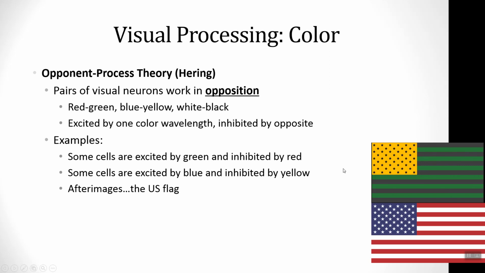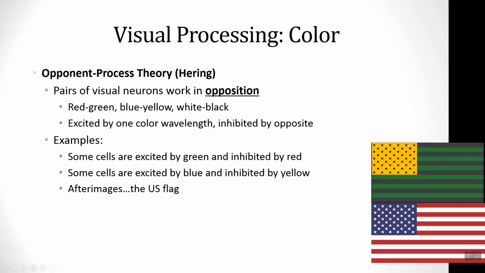Okay, and so what happens is when you stare at something long enough, your cells start to get tired. Okay, so what happens is we will be exposed so long to, for instance, let's say the yellow, right? And we're inhibiting these cells for a long period of time.